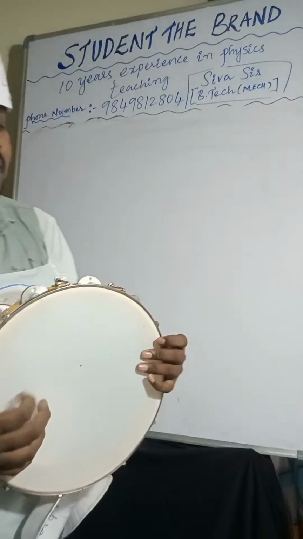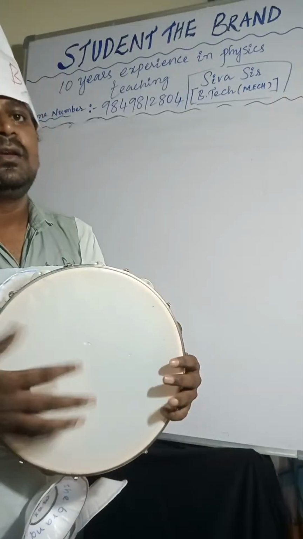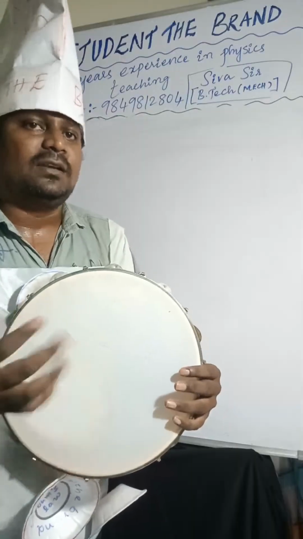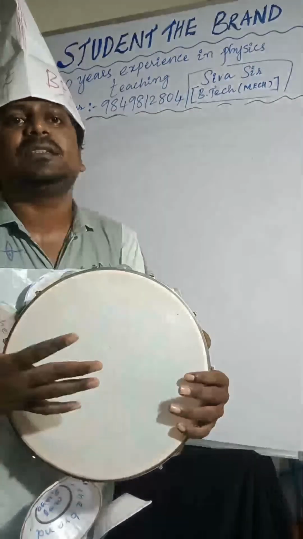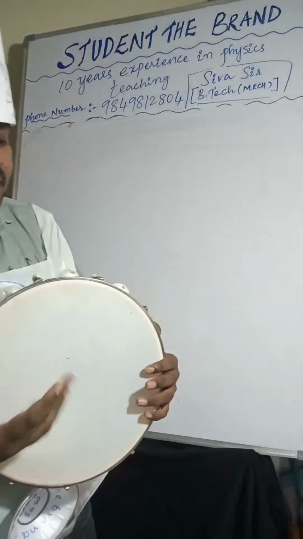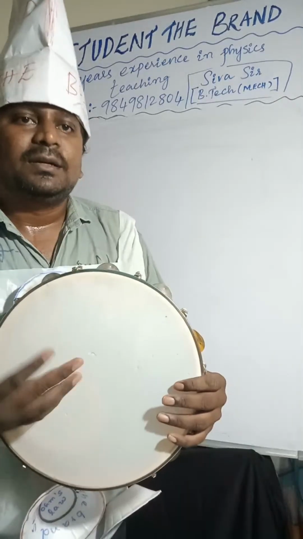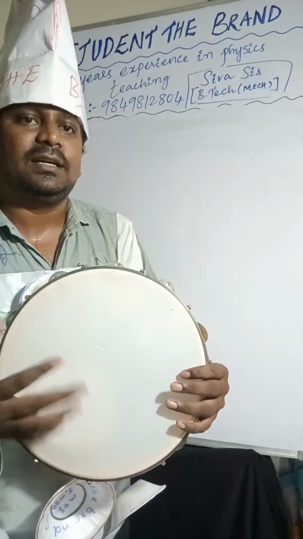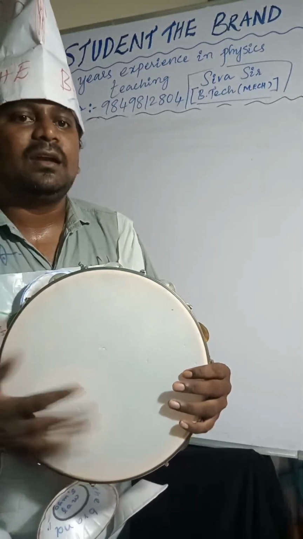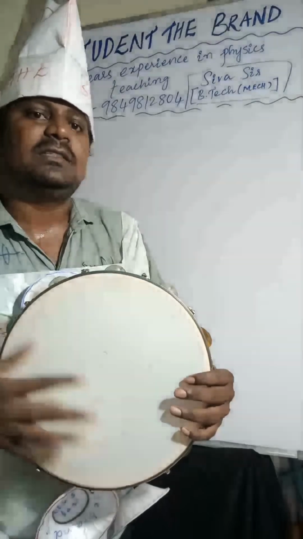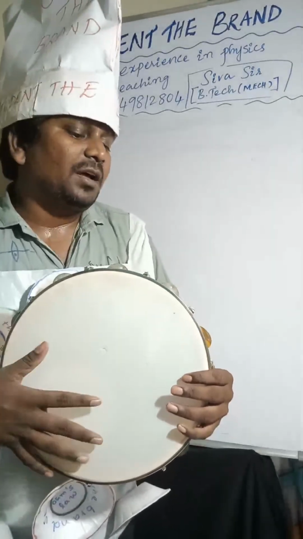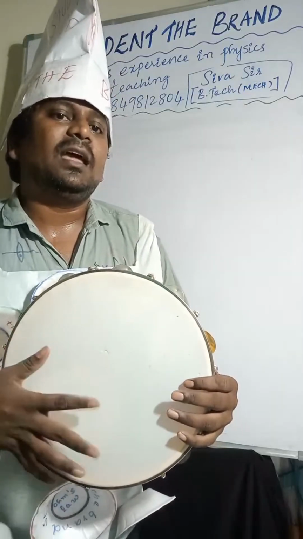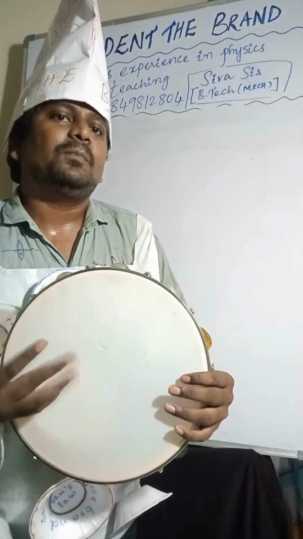New Cartesian, new Cartesian, new Cartesian sign convention. New Cartesian sign convention. All distance measure from the pole. Distance positive along the instances. Distance negative opposite to instant race. Distance positive above the principal axis. distance are negative below the principal axis.